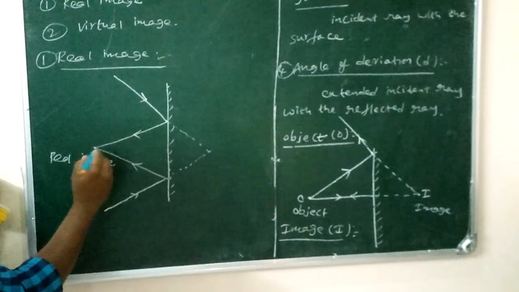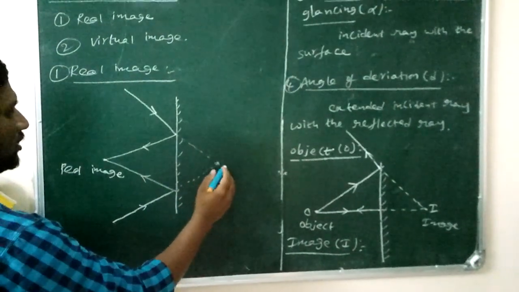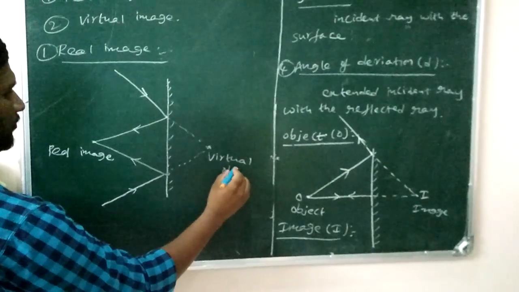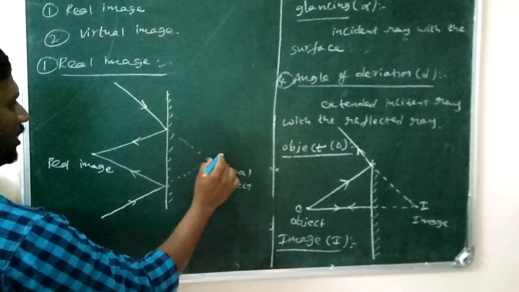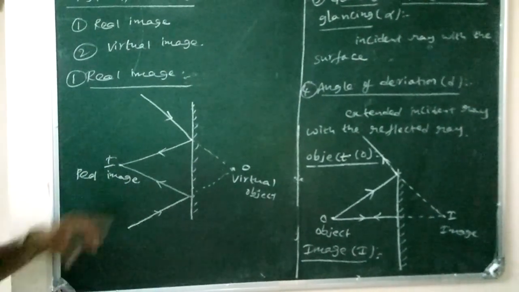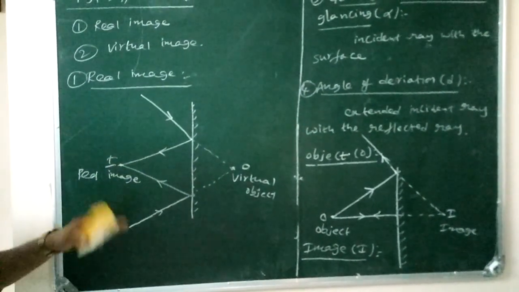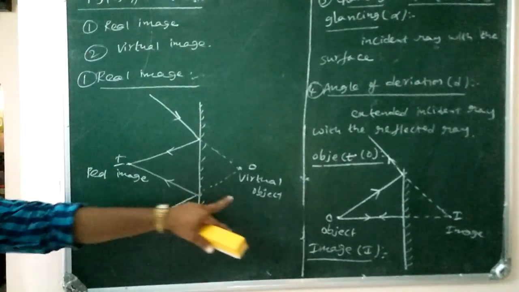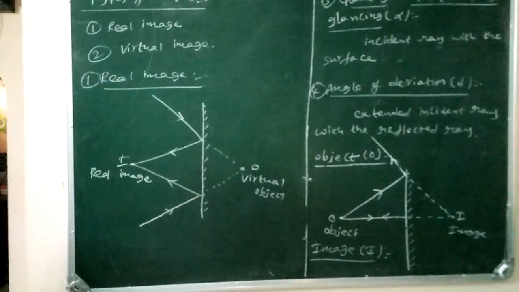Here the reflected rays are going to intersect at this point, and we can call the object a virtual object. Virtual object O and real image I. If the reflected rays intersect, the point of intersection we call a real image. If the object is virtual, the image is a real image.